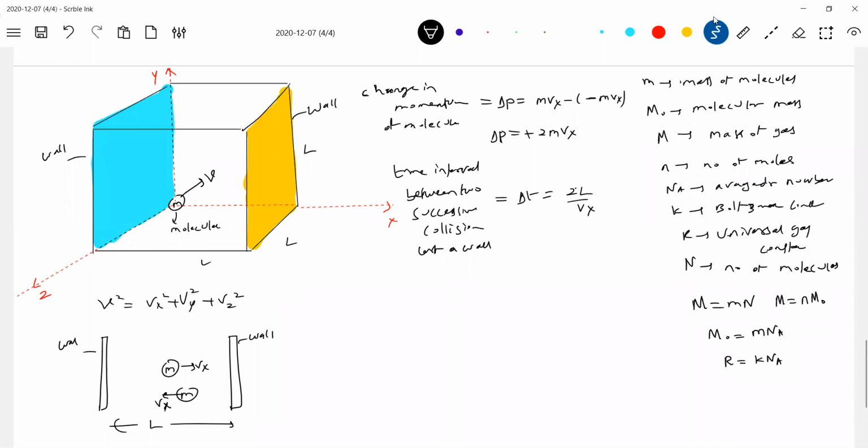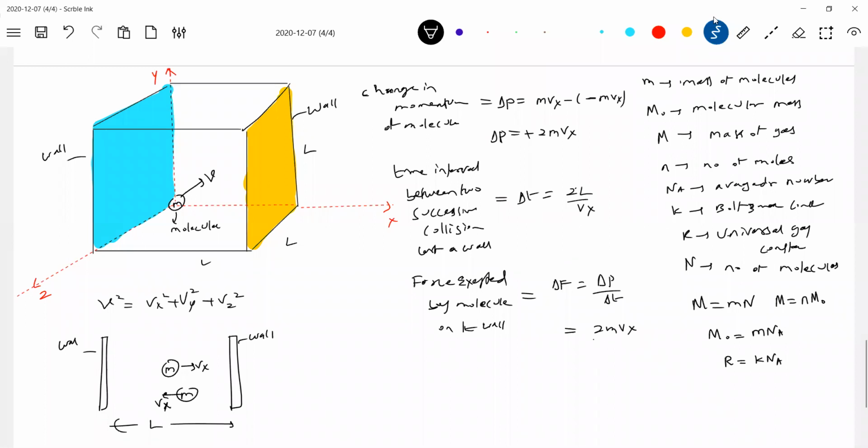So what is that delta t? Now, what is the force exerted by the molecule on the wall? Delta F should be equal to change in momentum by time interval.